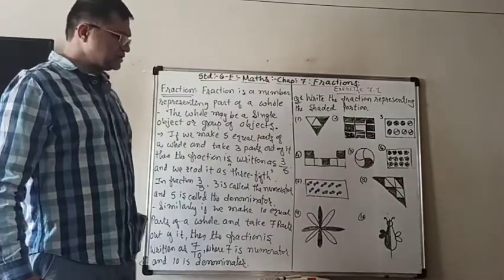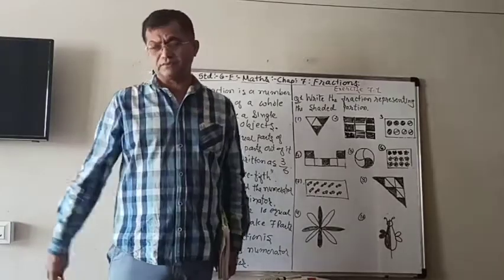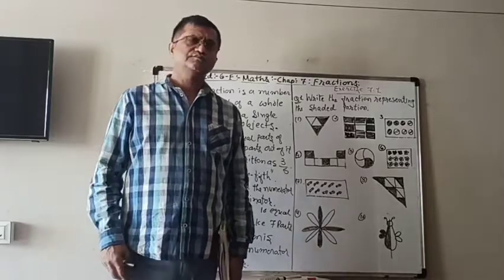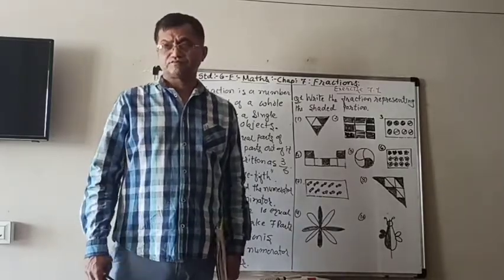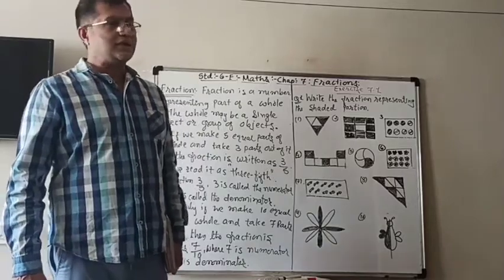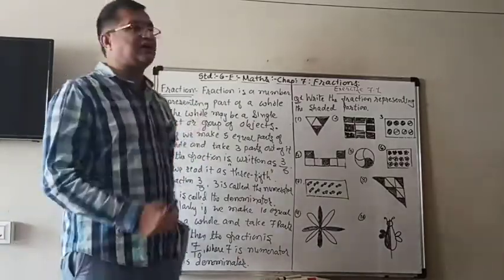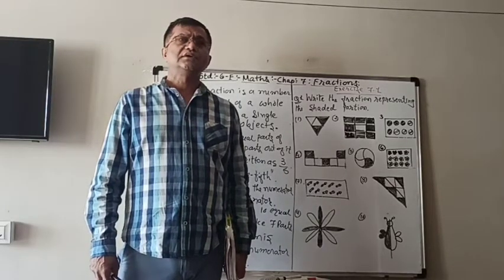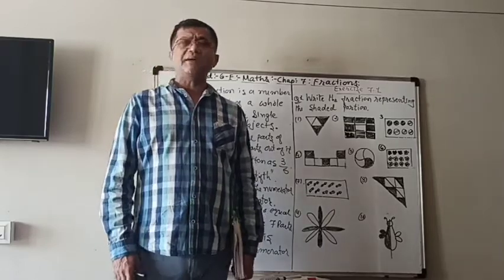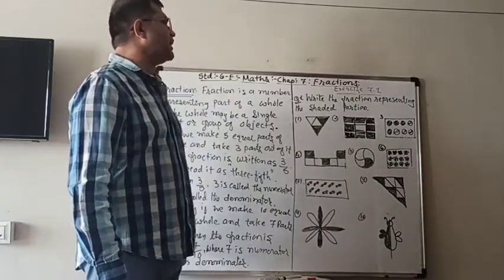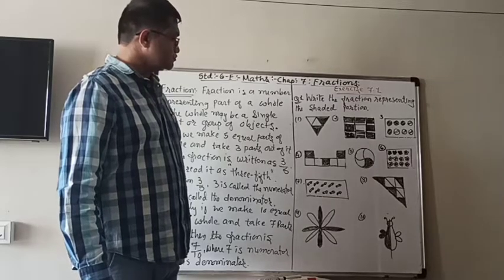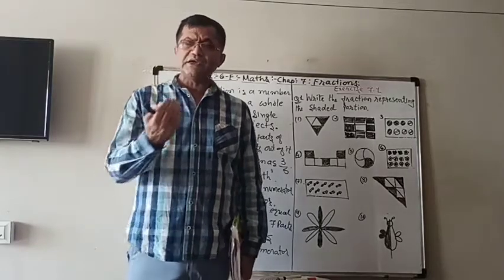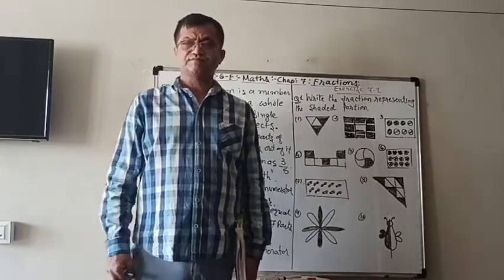Suppose we take a whole thing, maybe a circle or a rectangle or anything, and then we make 5 equal parts of it. Suppose we take a rectangle and make 5 equal parts of it, and then from those 5 parts, I take out 3 parts.